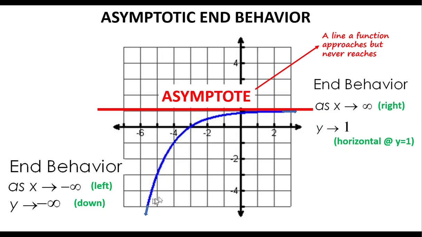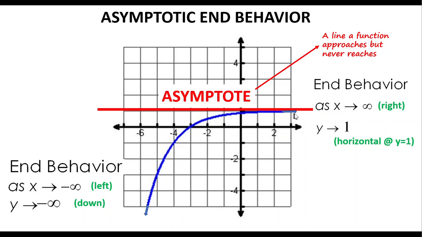But on the right-hand side, the function is not going down and not going up. It seems to be slowly approaching this red line. If we trace this for many x values, you will notice that it'll never reach the red line. It'll just get infinitely closer.